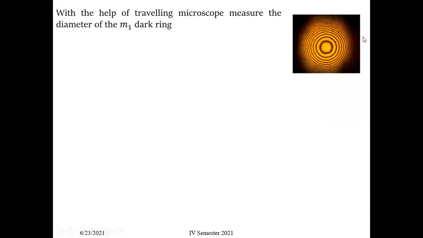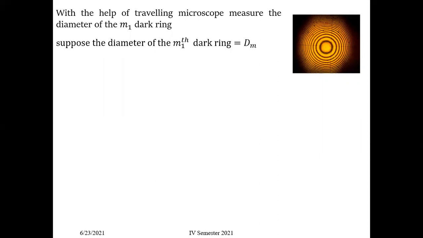Once you get the interference pattern, just have to see this figure. Like this, you can get the alternate bright and dark circular fringes, right? First, with the help of this, you have to calculate the diameter of the mth dark ring.